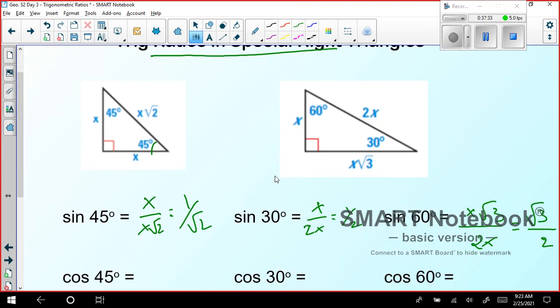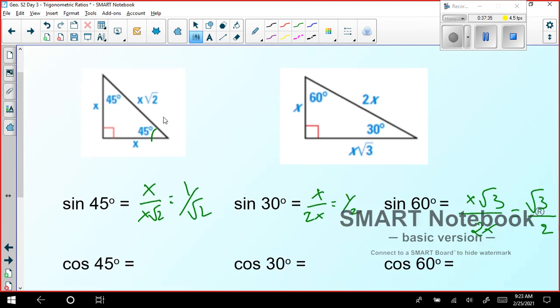Let's see further cos. Cos is what? Cos for this 45 degrees is adjacent over hypotenuse. It's going to remain the same, x over x root 2, which is 1 over root 2. Then cos of 30 for 30 degrees is adjacent over hypotenuse.